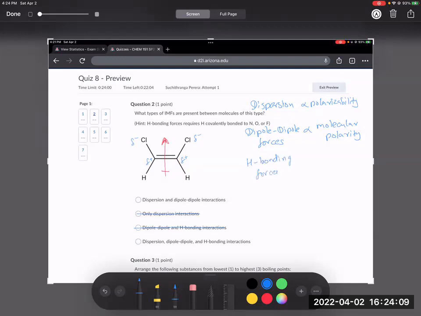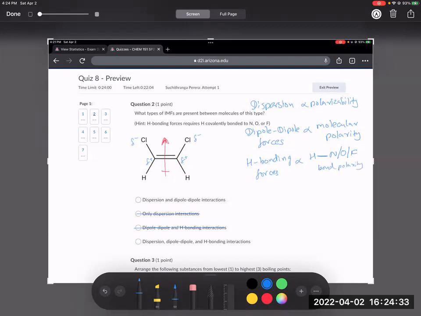For you to have hydrogen bonding forces, you need to have hydrogen covalently bonded to nitrogen, oxygen, or fluorine, because this depends on the bond polarity of hydrogen-nitrogen, hydrogen-oxygen, or hydrogen-fluorine.